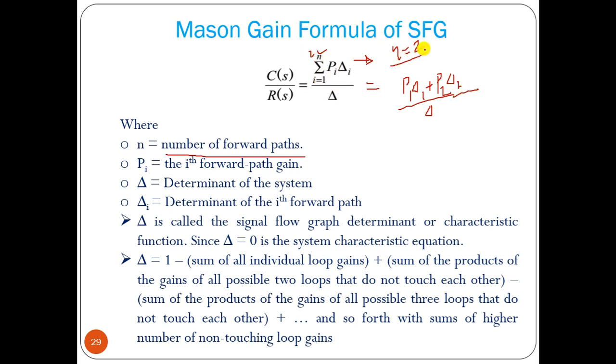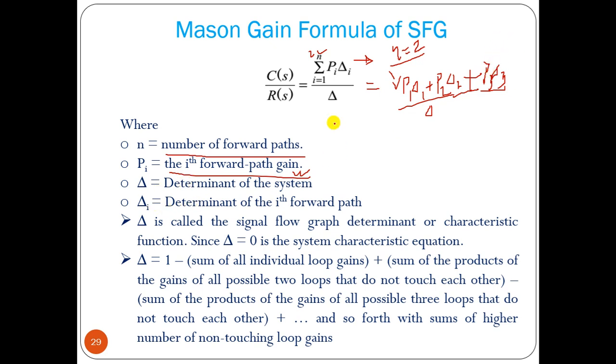If n equals 3, then another term comes into the picture, and you go on like that. Here Pi is the ith forward path gain. So from the signal flow graph, you have to find out how many forward paths there are and their gains. P1, P2, P3 are the first, second and third forward path gains.